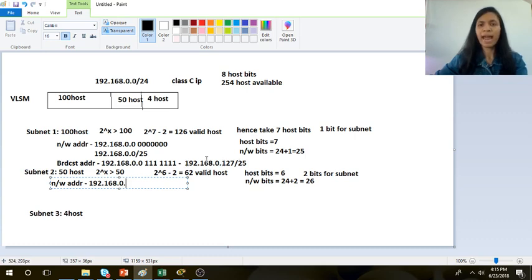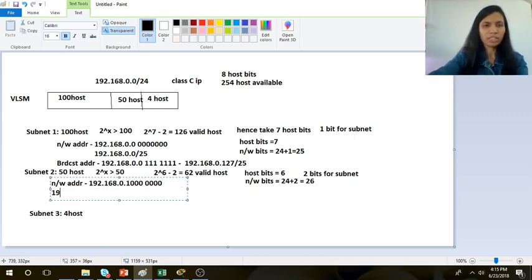You simply add 1 to the broadcast address of the previous subnet, and that gives you the network address for your next subnet. So this would be 192.168.0.128, which is actually the first bit 1 and the rest of the bits as zeros.